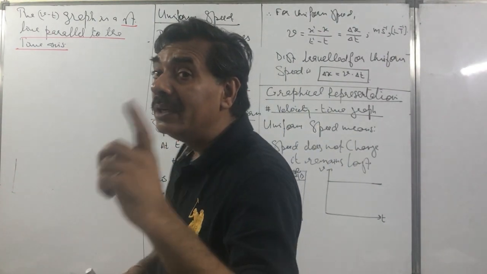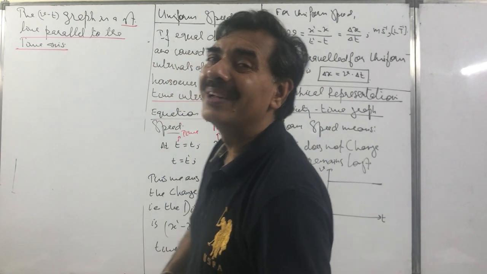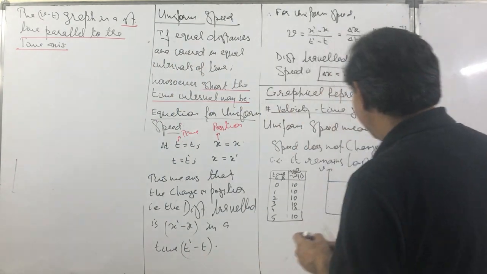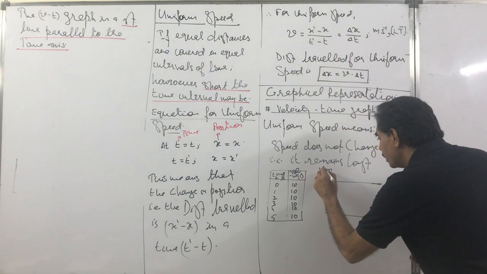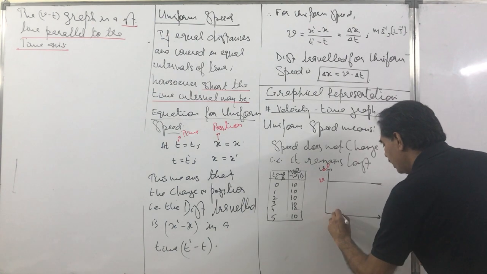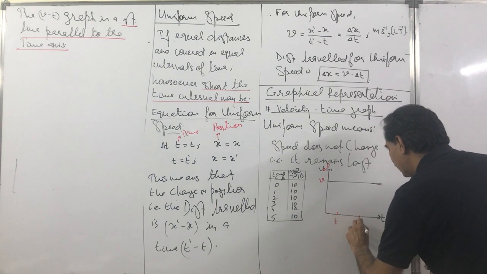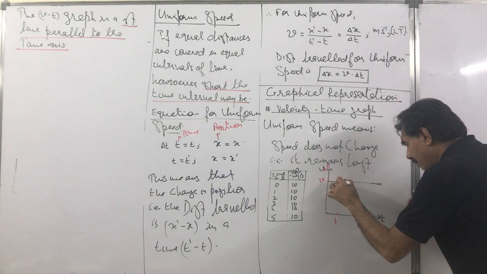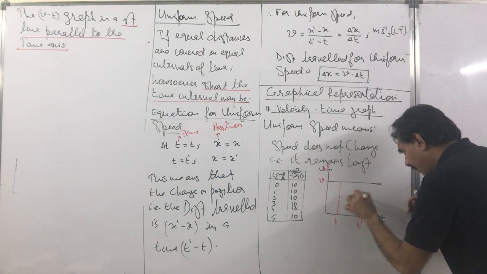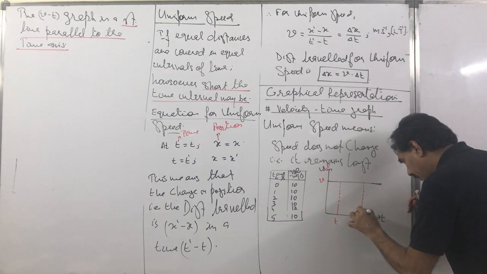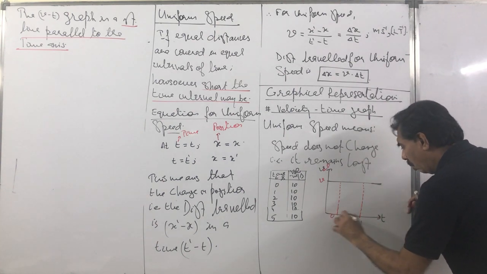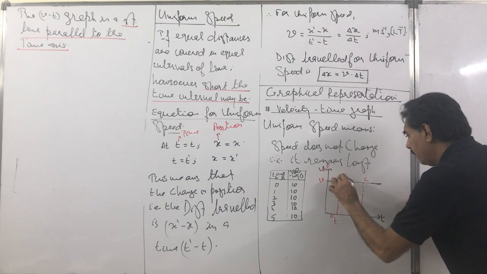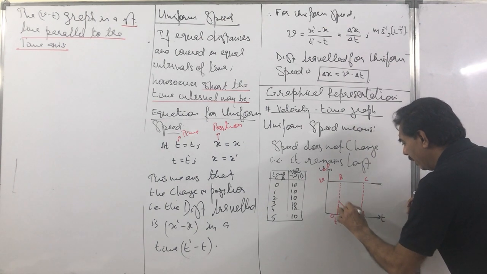How can we calculate the distance traveled from the velocity time graph? This is velocity and this is v. This is the time t and this is the time t dash. Right? Just mark perpendiculars from here and call it O, A, C, B. Find the area OACB.